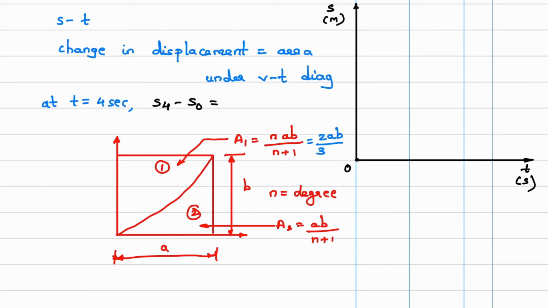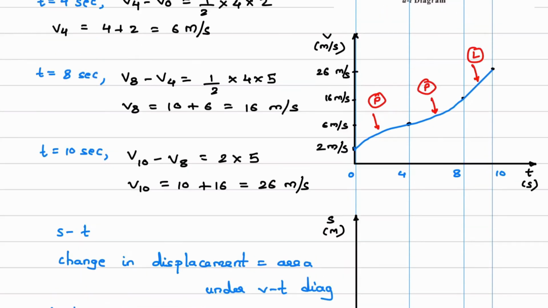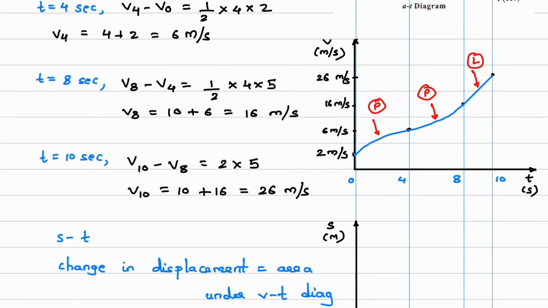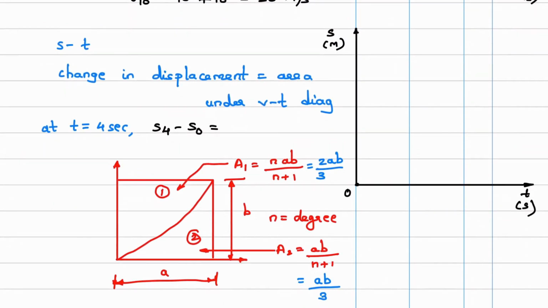And if you consider A2, it will be AB upon 3. Now we are looking at which side? Inside the curve, this part. So this area we have to calculate. This area is 2/3 of A into B.